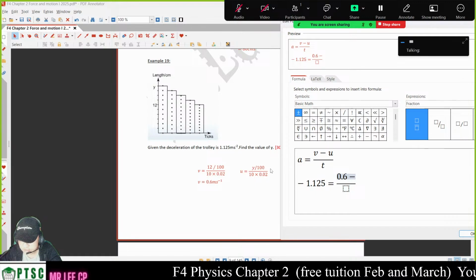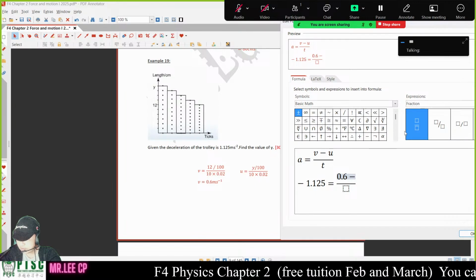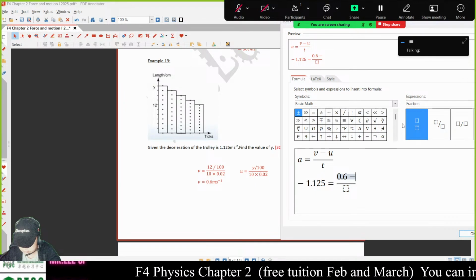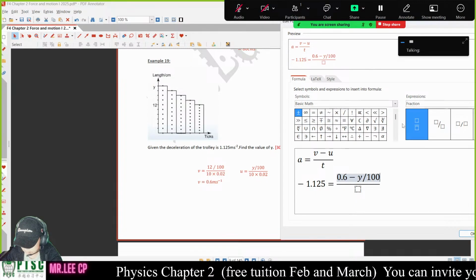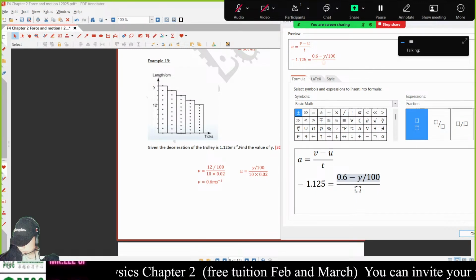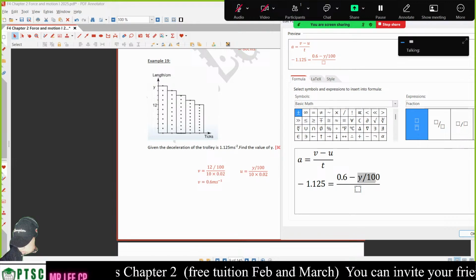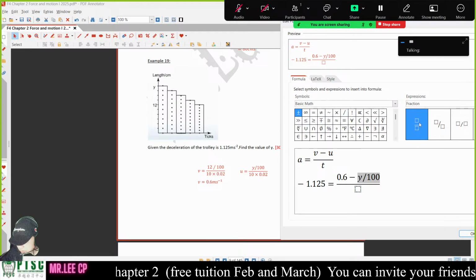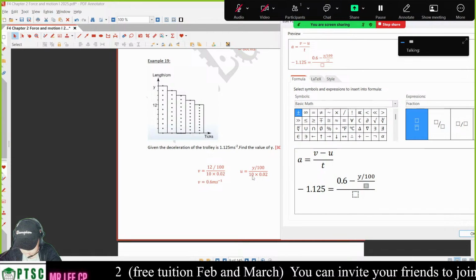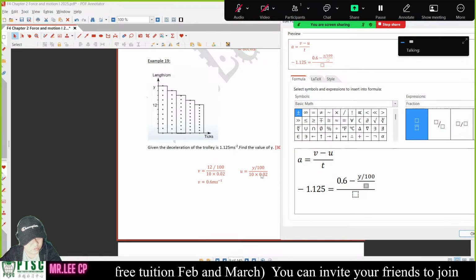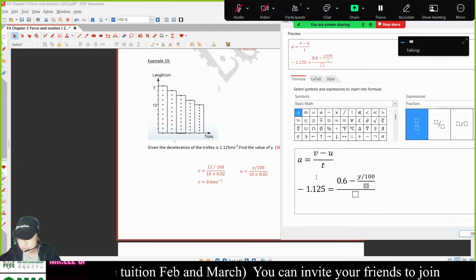Minus u is y over 100, over 0.2 here. 10 times 0.02 is 0.2.